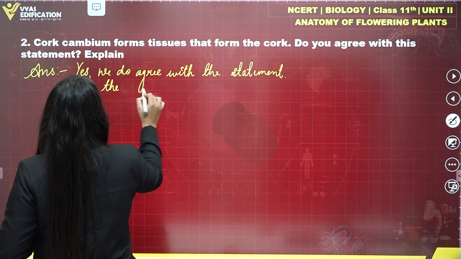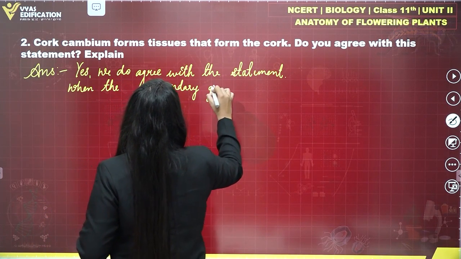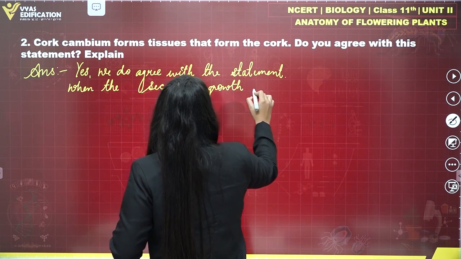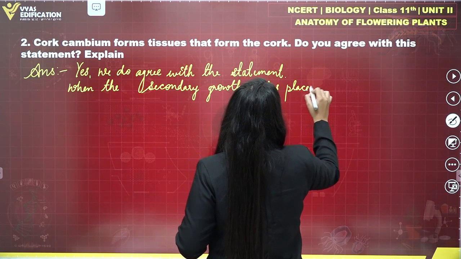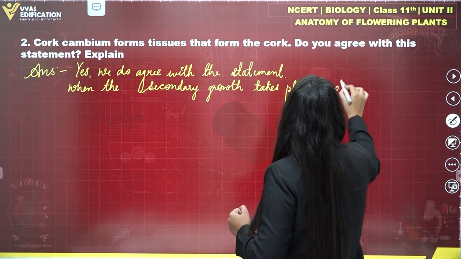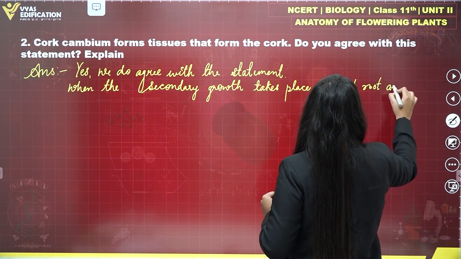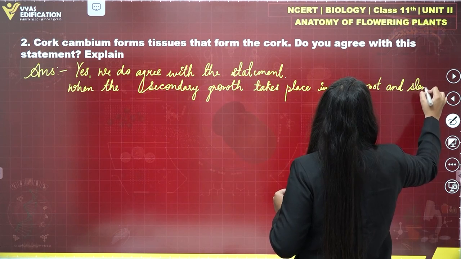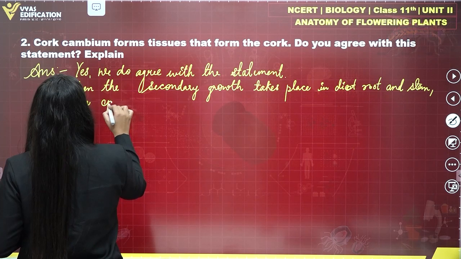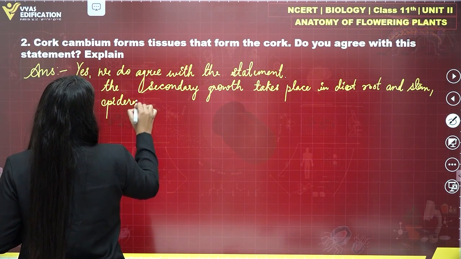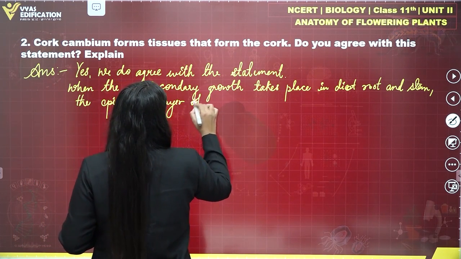When the secondary growth takes place in dicot root and stems, the epidermal layer gets broken down.